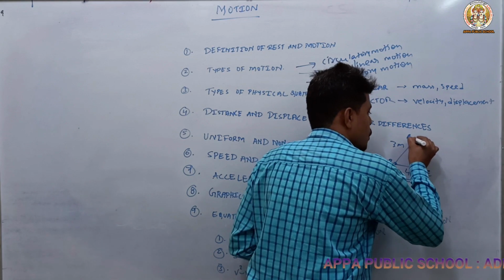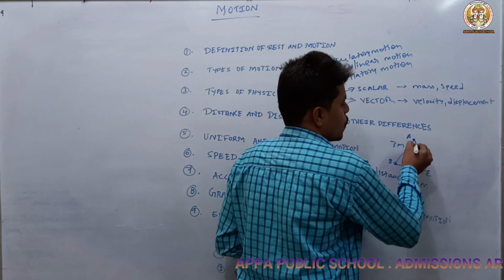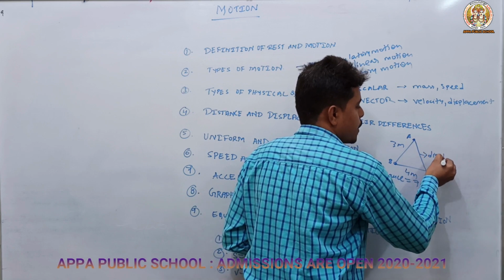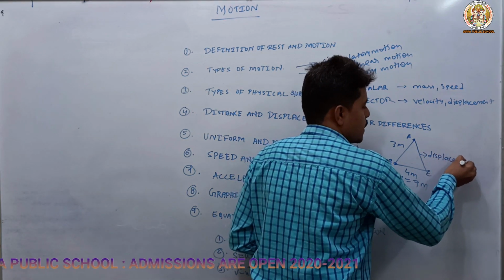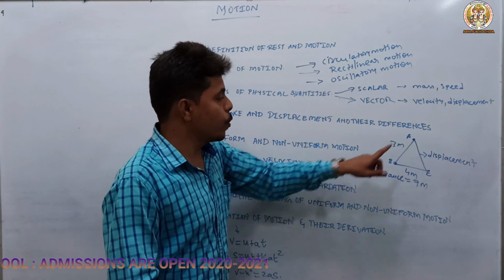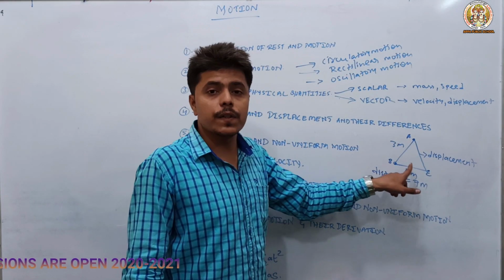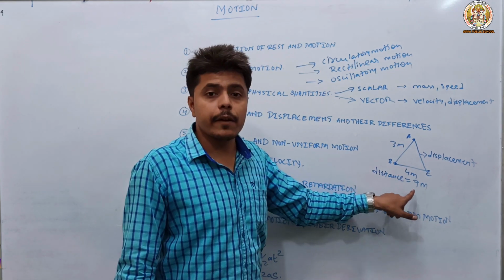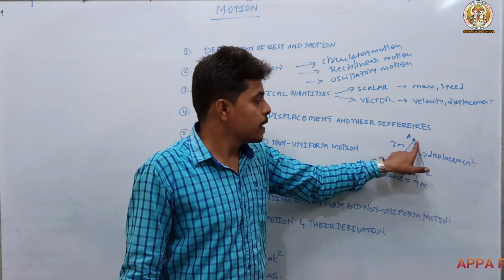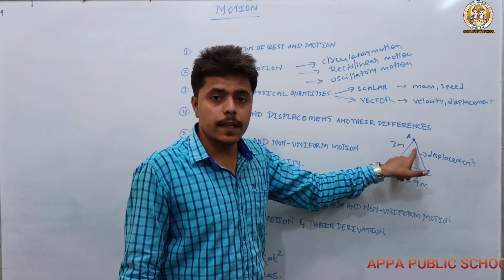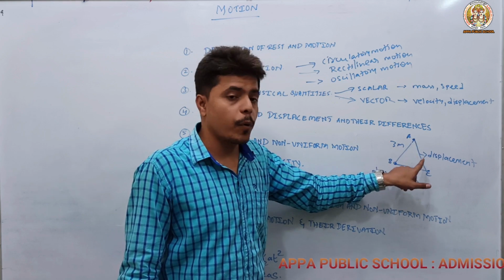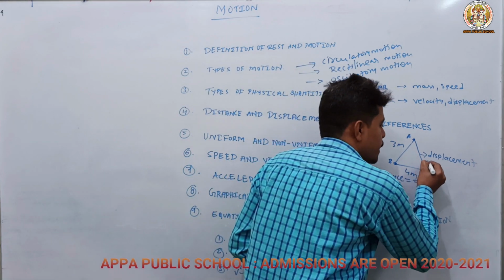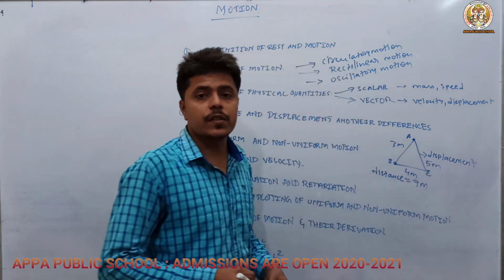The shortest distance between A and C, that is the initial and final point, is the displacement. So we can say the displacement is 5 meter.